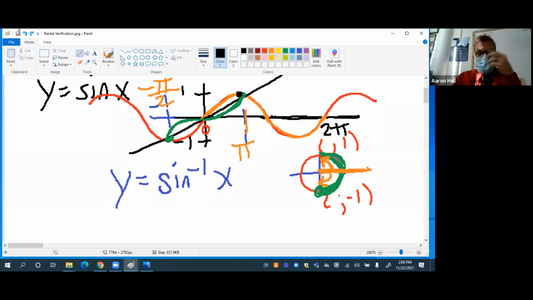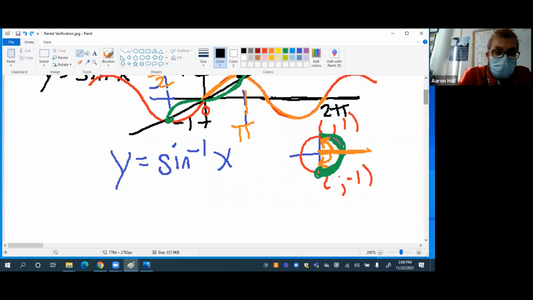So my question again is, this green graph here, the inverse of sine of x, is it differentiable for its entire domain? No. It's only differentiable for what?